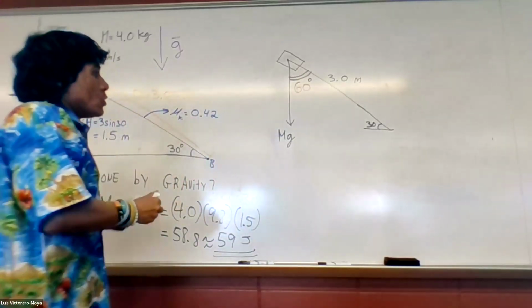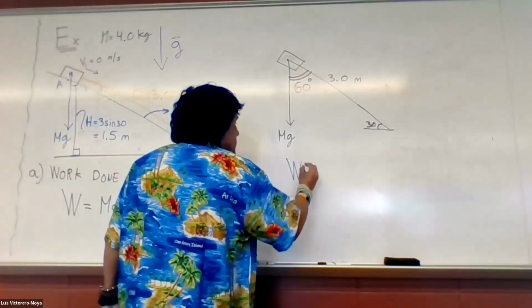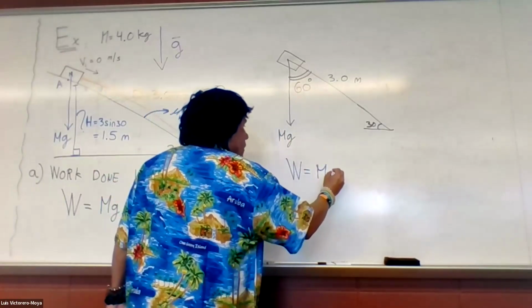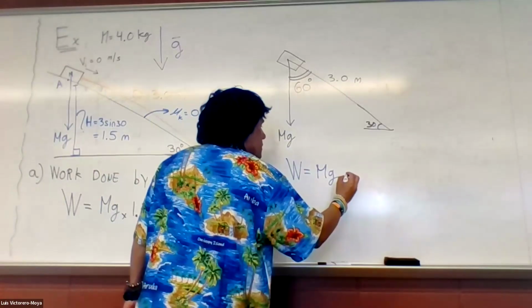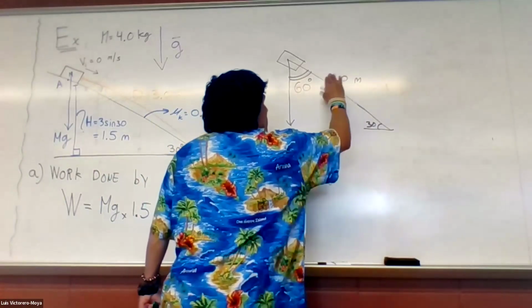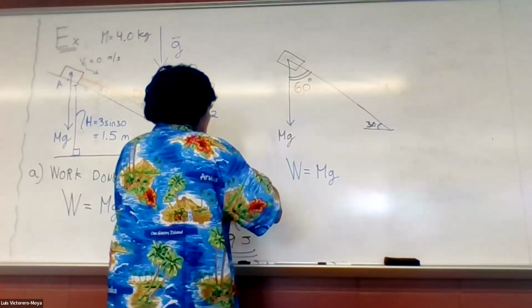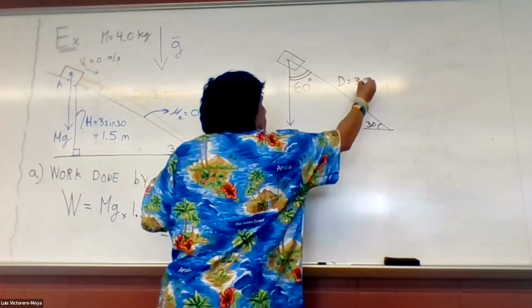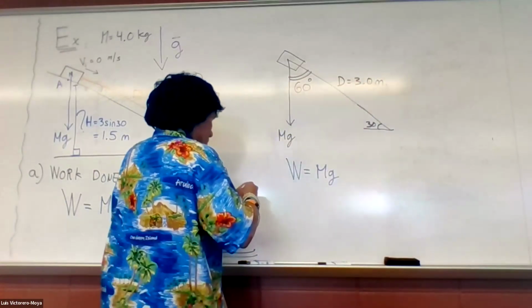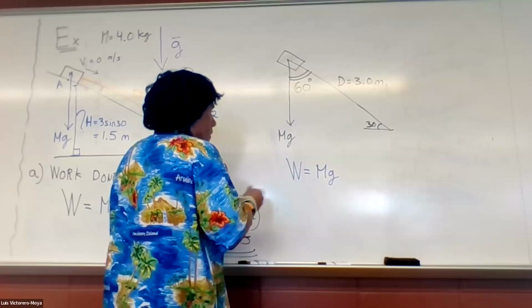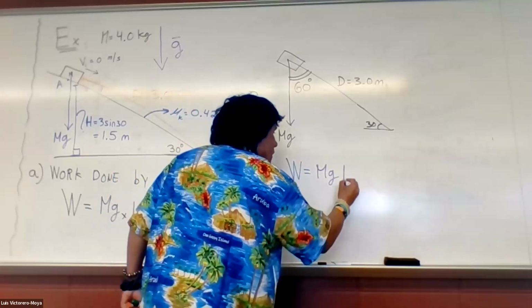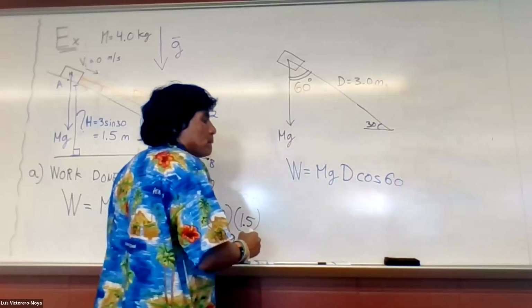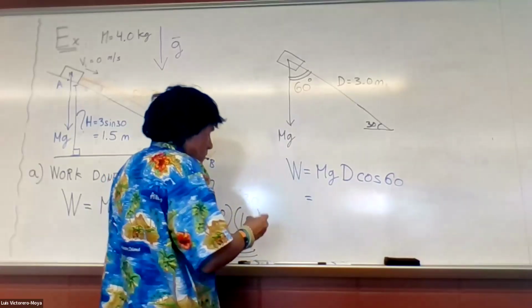So you could very well say that the work is mg times the distance times the cosine of the angle in between. Let's do it. We should get the same.